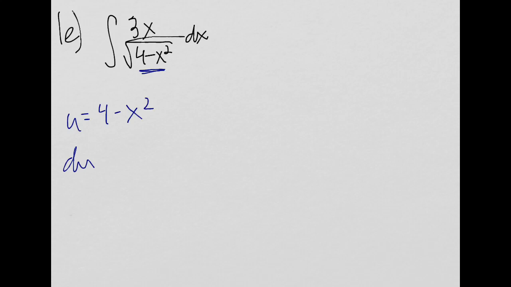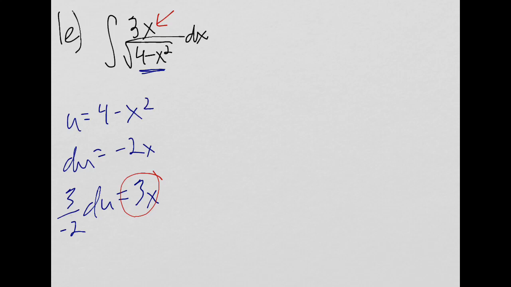That makes du equal to minus 2x. If I divide by 2 and multiply by 3, which gives me 3 over negative 2, then I get 3 over negative 2 du equals 3x. Notice I've got this here, and I've got this here.